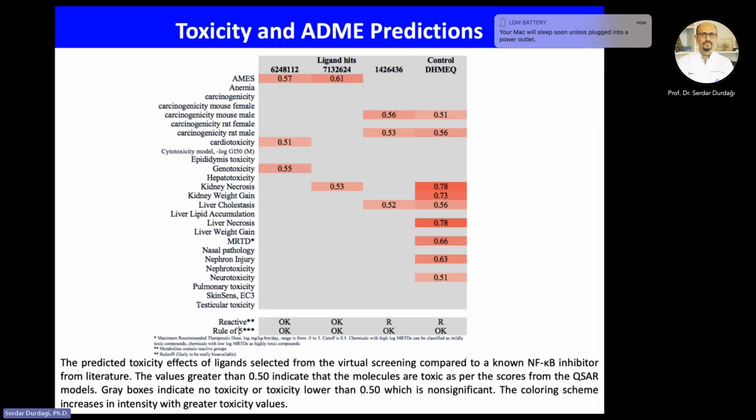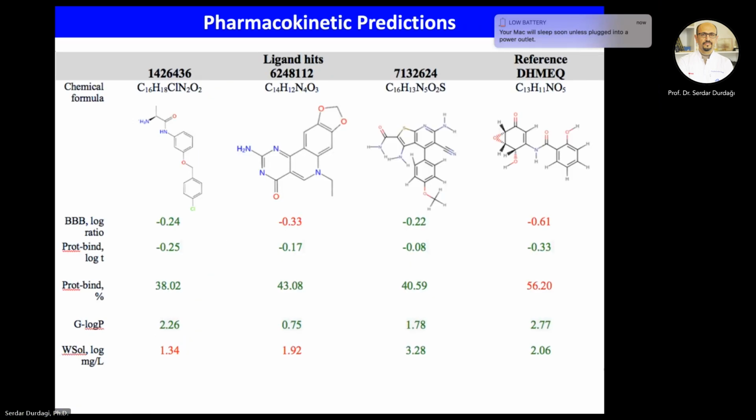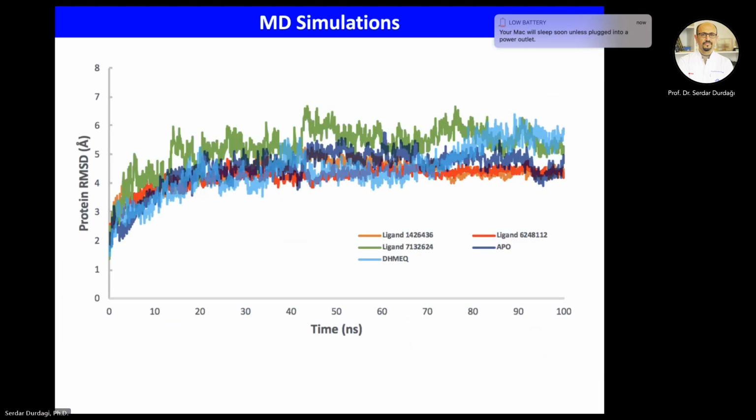For toxicity profiles, we don't have too much toxicity, just a few toxicities here. These are the pharmacokinetic predictions, again from MetaCore. We checked if they pass the blood-brain barrier, if they bind to human serum albumin, and so on.